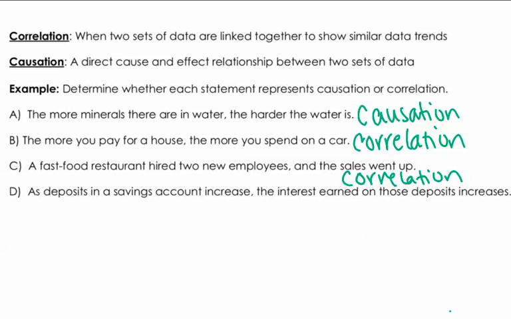So as deposits in a savings account increase, is the increase in the amount in the savings account causing the interest to also increase? It's not saying the interest rate is increasing, because that's not changing, but the amount of money you're getting is increasing, and that is directly caused by the more money in the savings account. So this one is going to be a causation.